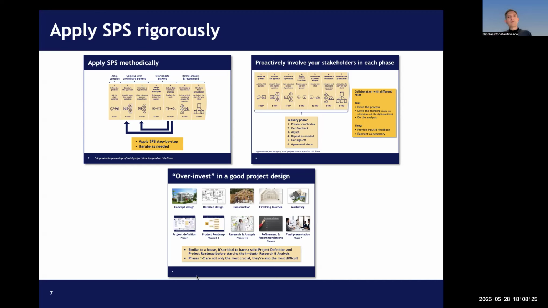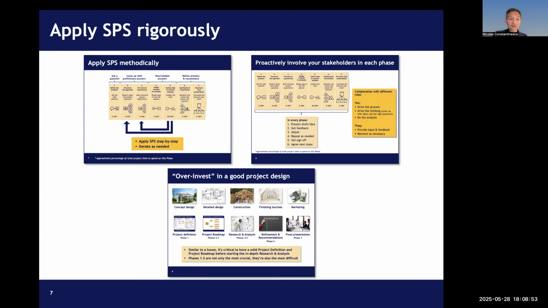So ideally, we really want to avoid all these problems by getting the design right up front. And so it's the same thing here. We want to make sure that we have the project definition robust, so we really know what it is that we want to deliver. And we have the roadmap really robust, which is we have a really clear plan about how to get there.